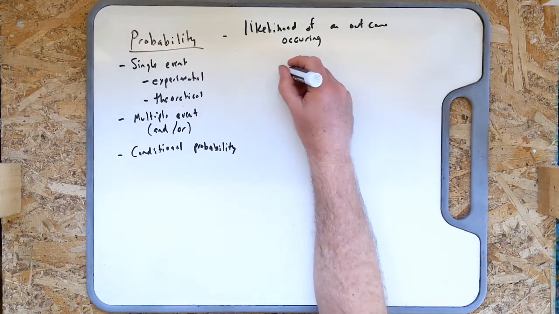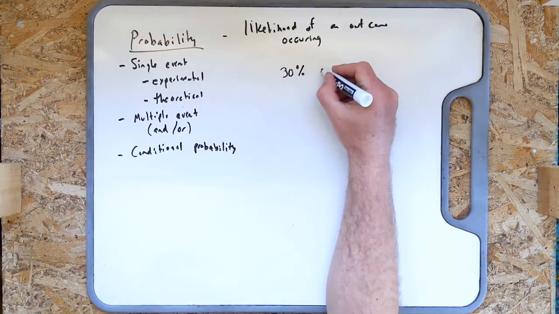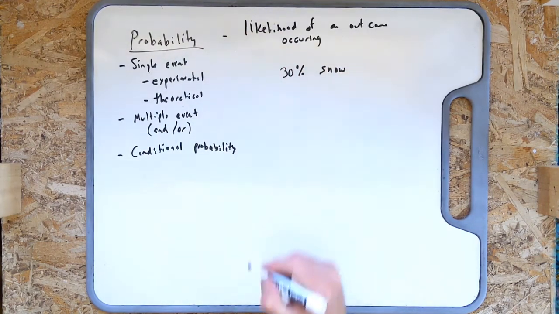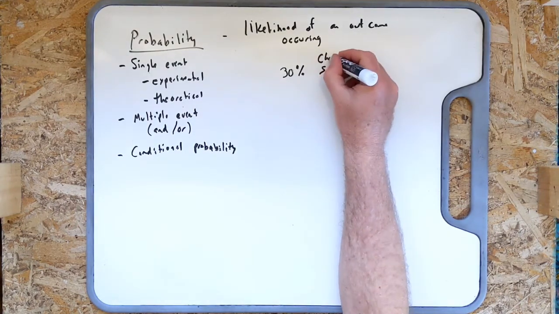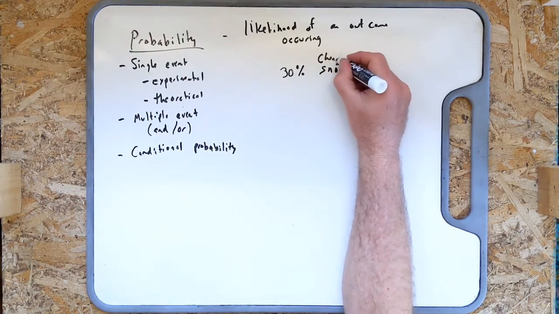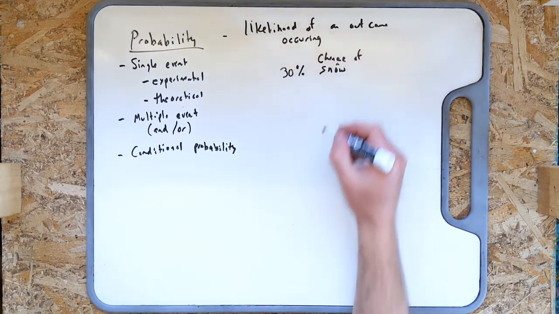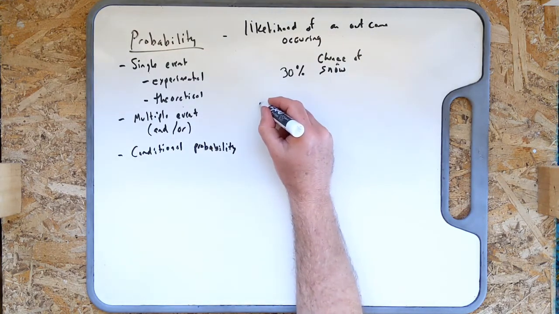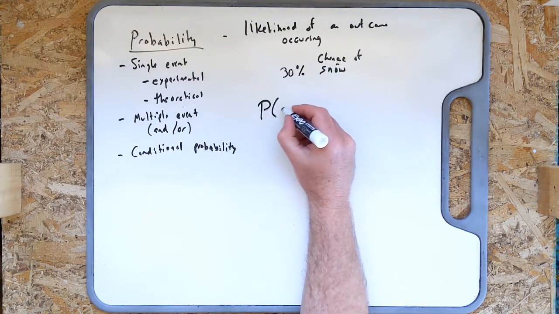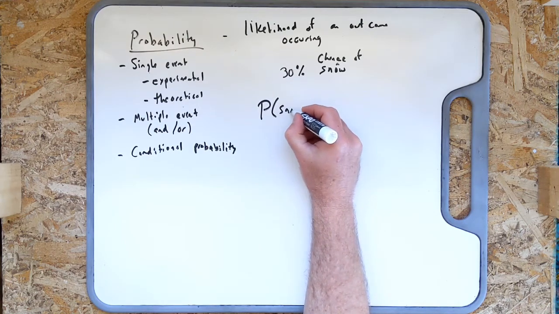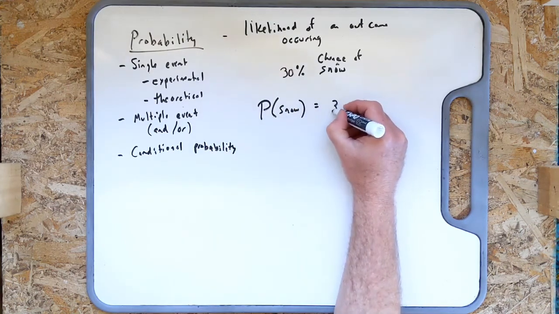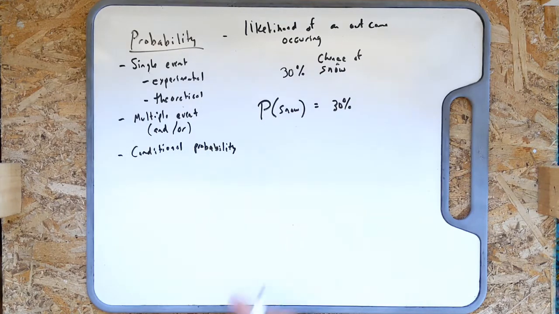If you say there is a 30% chance of snow tomorrow, first of all, that's a probability. And generally when you write probability, you write P for probability of, and then you write the event in. So I'll put P of snow, and that equals 30%. So how did I get that 30%? In no way is that mathematically calculated in a theoretical manner.